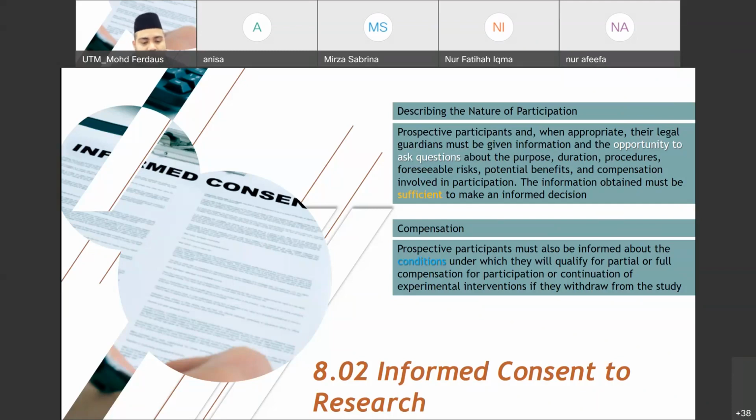So whether they are still qualified for the free therapy session or not, we need to inform them of all the terms and conditions, semua syarat-syarat yang perlu mereka patuhi, in order for them to receive all of the tokens of appreciation, compensation, or rewards that we are going to give to our respondents or our participants.